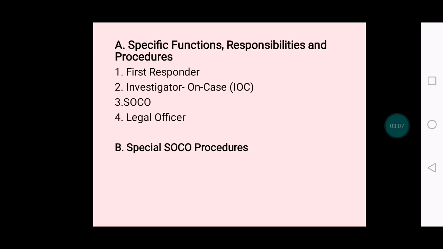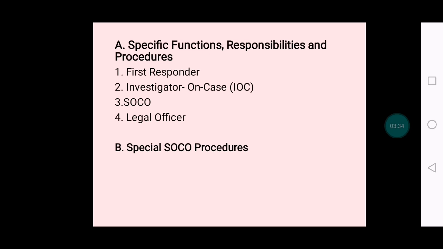Number 3 is SOCO, Scene of Crime Operations. The role is to locate, collect, preserve, and catalog evidence from the crime scene. They are also known as crime scene investigators. They are responsible to respond to the operations center and conduct SOCO upon receipt of the request from the concerned police unit.